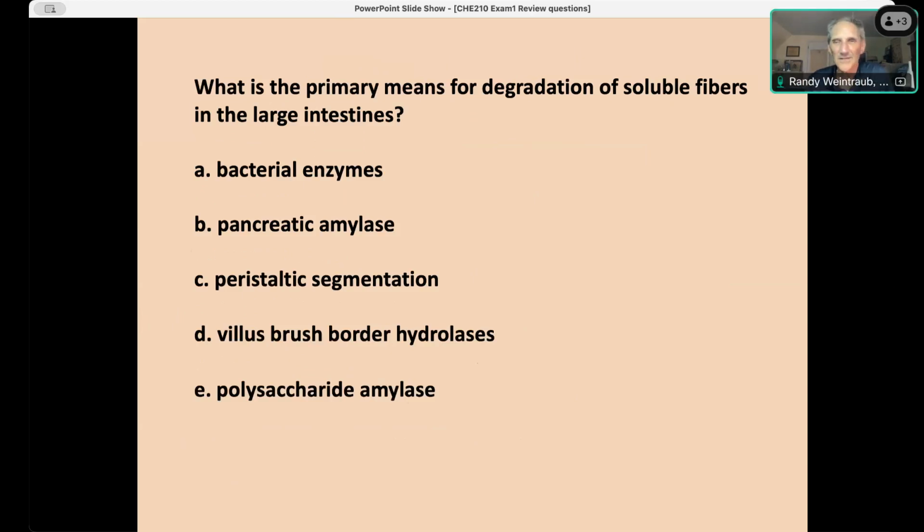Primary means of digestion of soluble fibers: the large intestine. So not much further digestion happens in the large intestine, and it's really from our healthy bacteria.